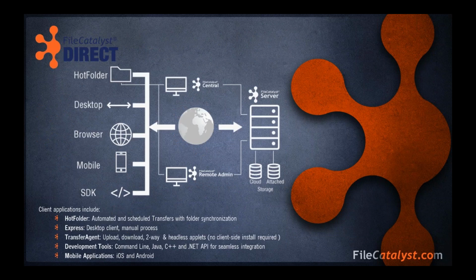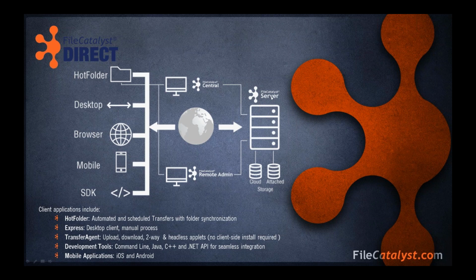and how it works. It is a client-server type of architecture. At one point, we'll give you a FileCatalyst server application. It's going to be right here. And the server application is going to be connected to your storage. It could be a network attached storage where all your files reside.